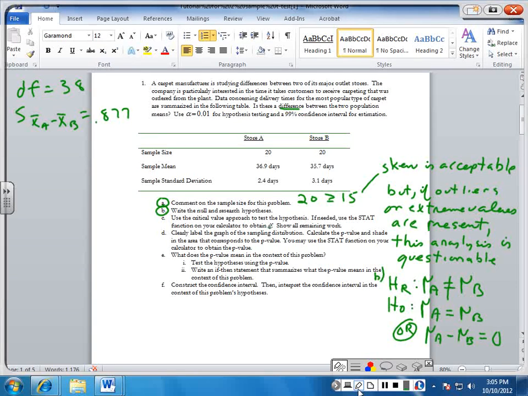I think this first formulation is probably a little more understandable on the face of it, when you first do it. But this second one is useful when you come to graphing the sampling distribution, because the center of that sampling distribution will be 0.